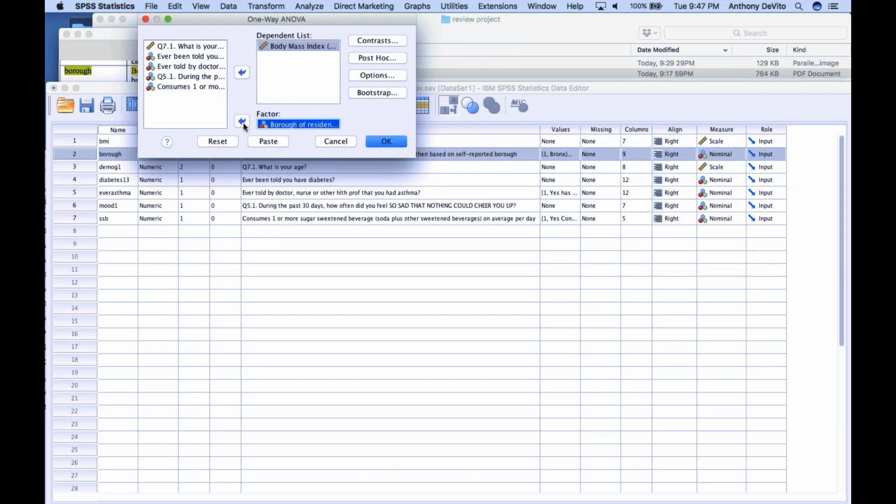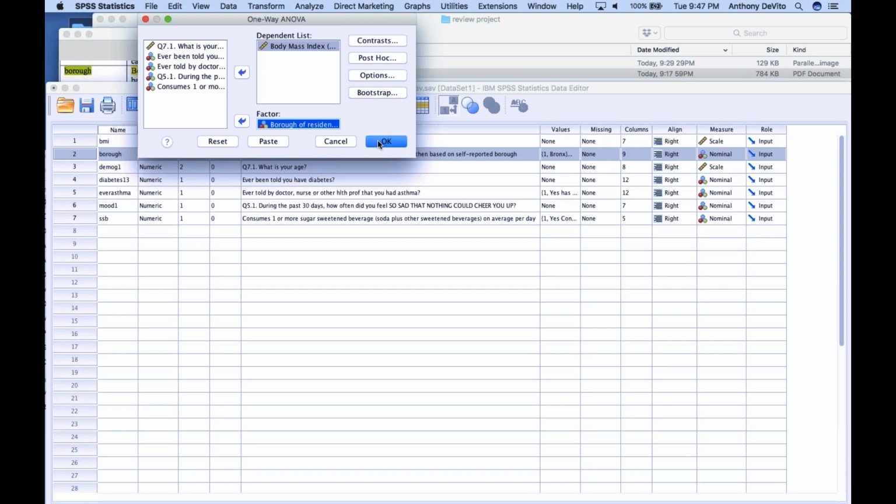Okay, so now our null hypothesis is that there's no difference between the means of the residents of each borough, mean body mass of the residents of each borough. Mu Brooklyn equals mu Bronx equals mu Queens equals mu BMI for Manhattan equals mu BMI for whatever borough I've left out as I was talking.